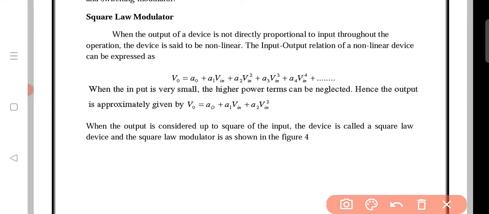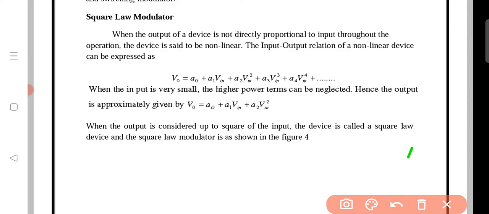What is non-linear and what is linear? When the output of a device is not directly proportional to the input throughout the operation, then the device is said to be non-linear. It means the input and output signals are not in proportionality.